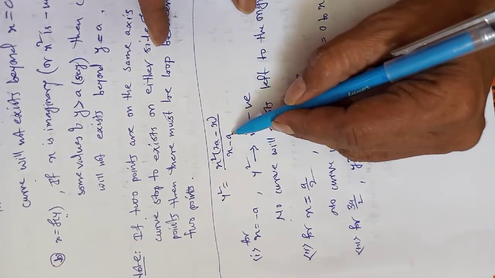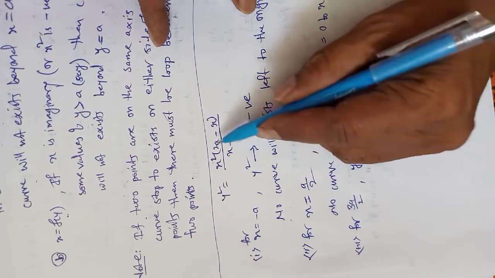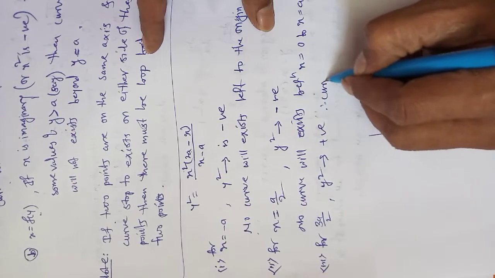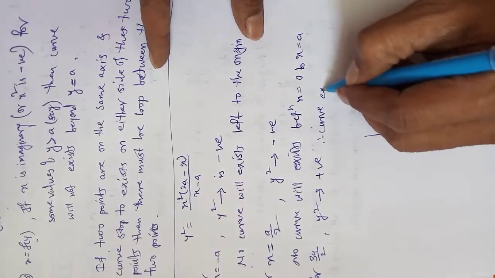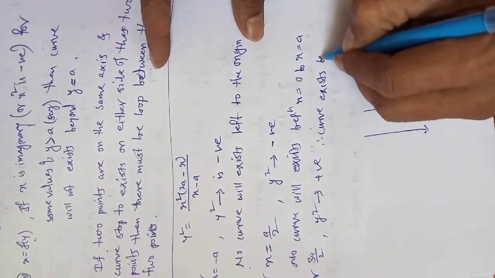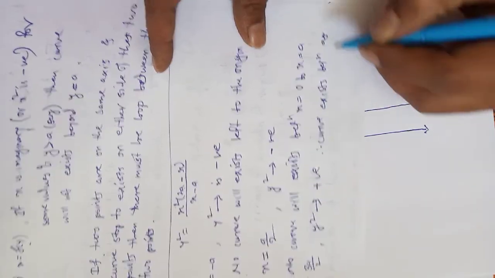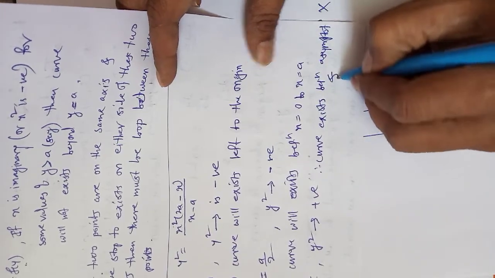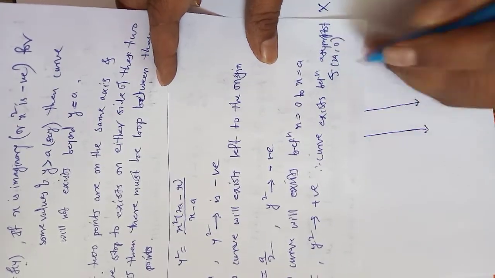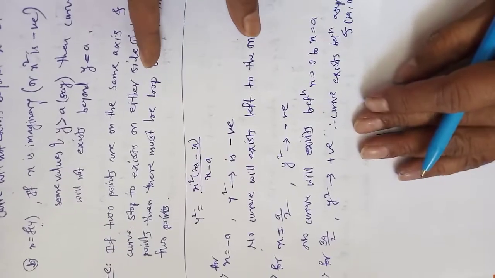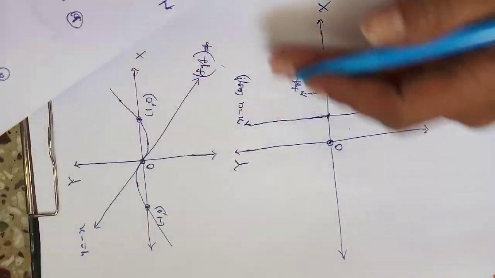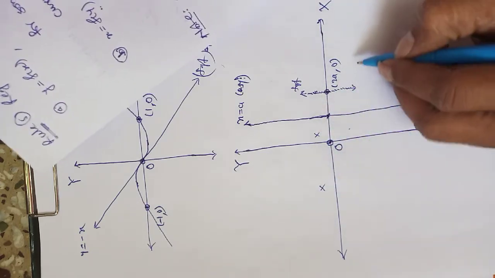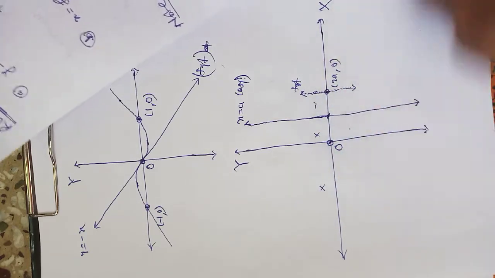X minus a, so 3a by 2 minus a is positive. So y square is positive. Therefore curve exists between, you can say, asymptote and the point 2a comma 0. So curve exists between these two, all right? So here curve doesn't exist, and here curve exists.